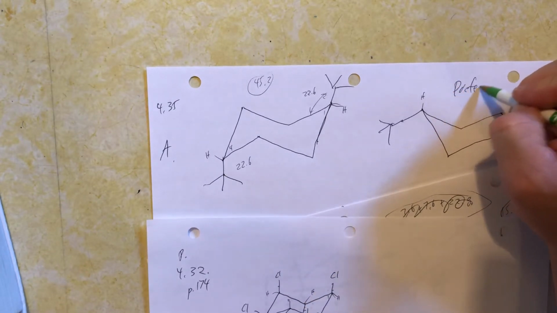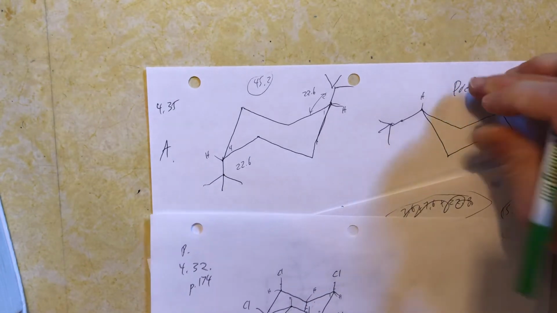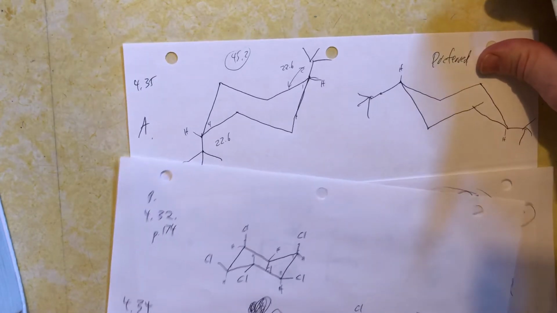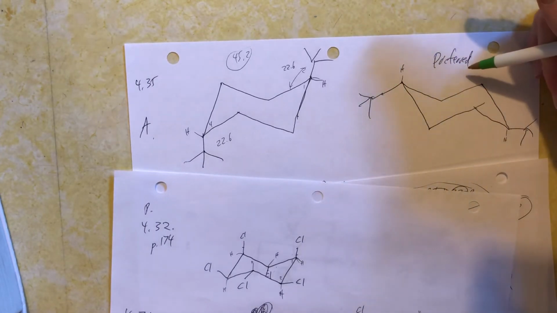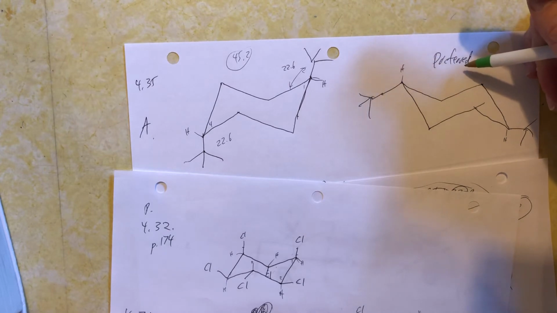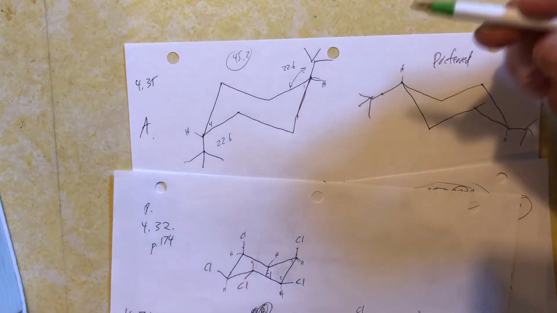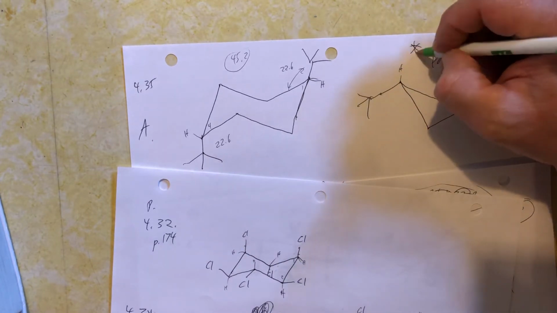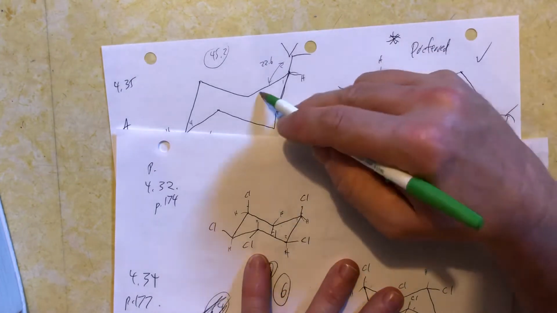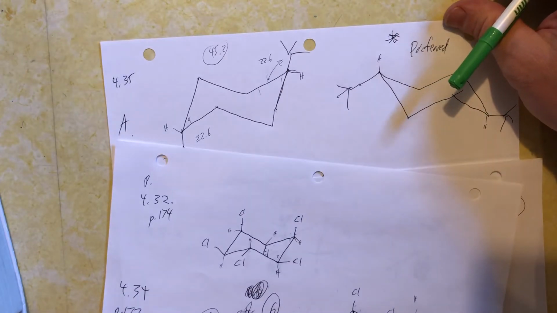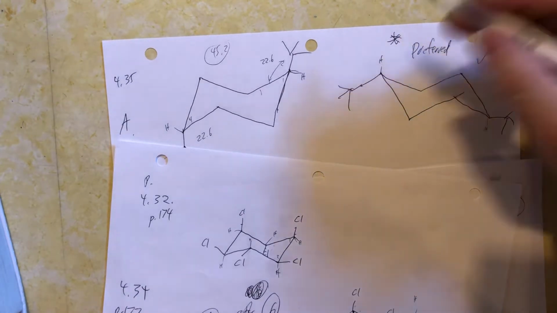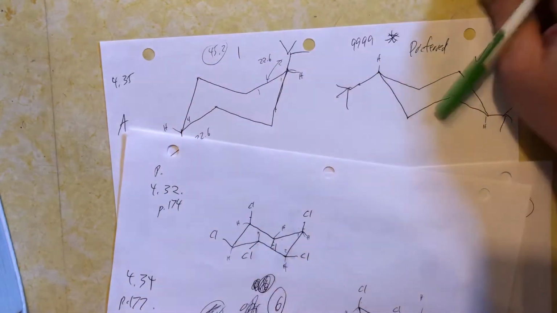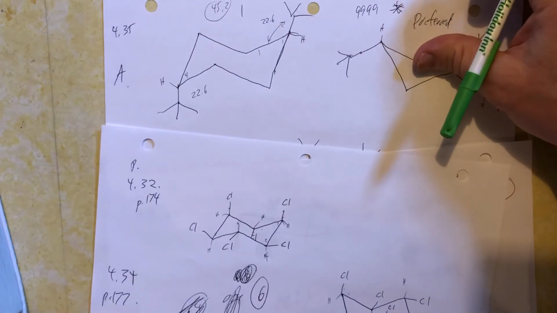It's pretty heavy. Okay, which is what you predict, because it said it's predominantly in a chair conformation. Not only is it in a chair conformation, it is specifically in this chair conformation and not that one. And those were the numbers they give you, I think, earlier, where it was 9,999 out of 10,000.